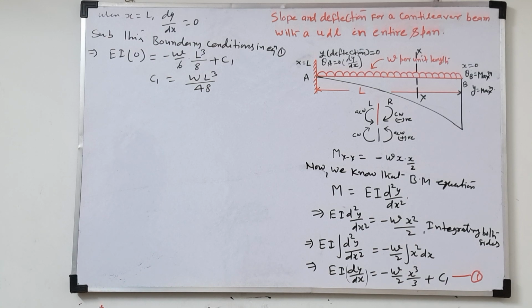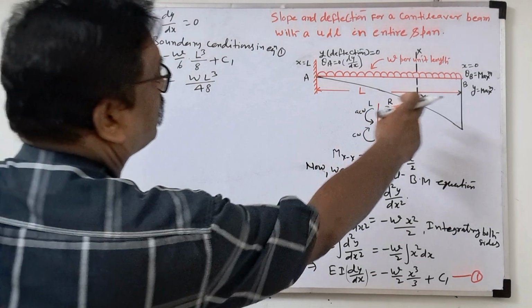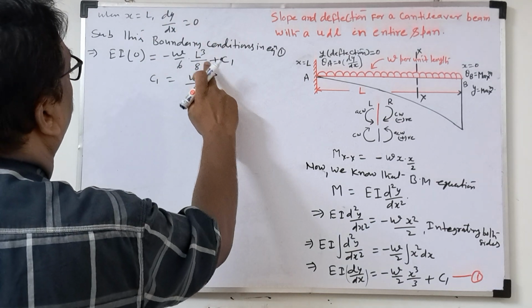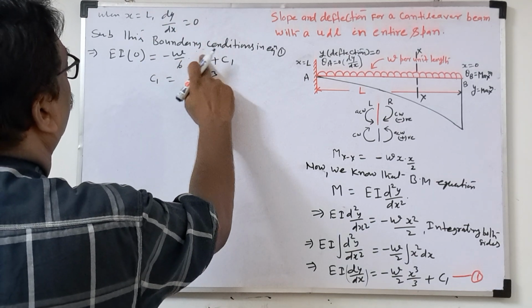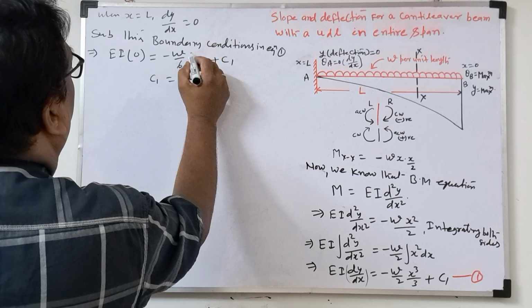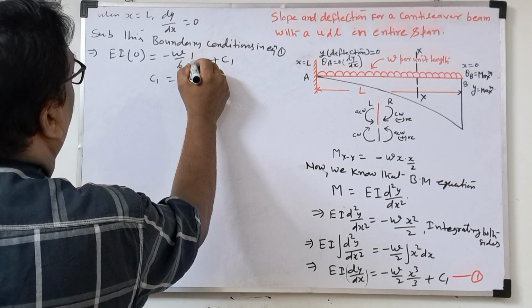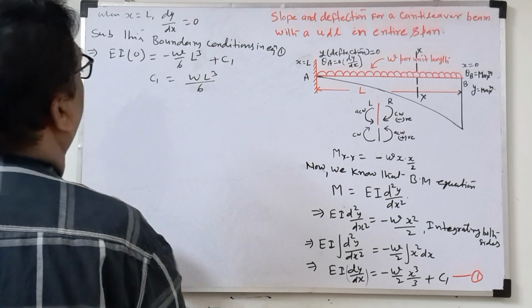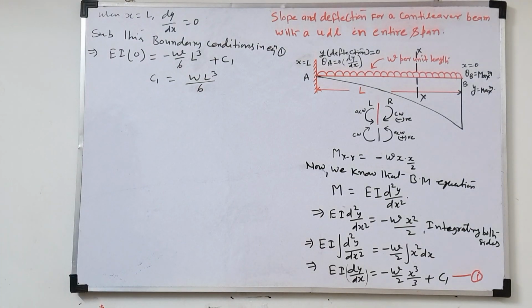Putting x equal to L, we get L cube by 6. So C1 is equal to W by 6 L cube. We got C1.